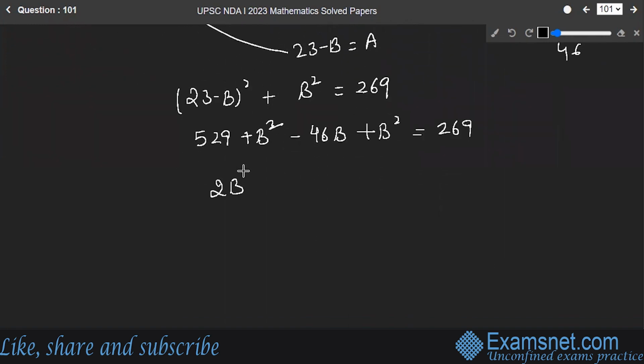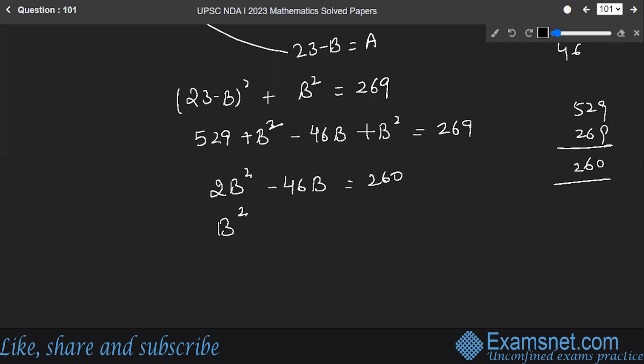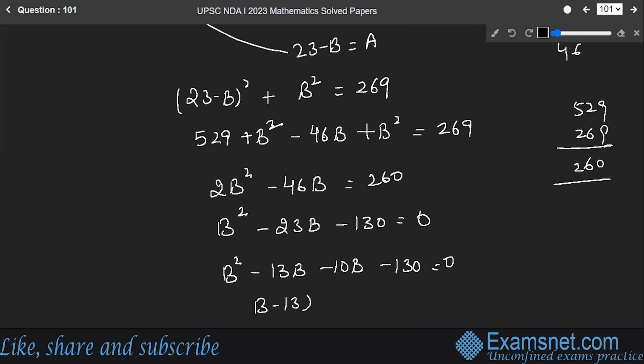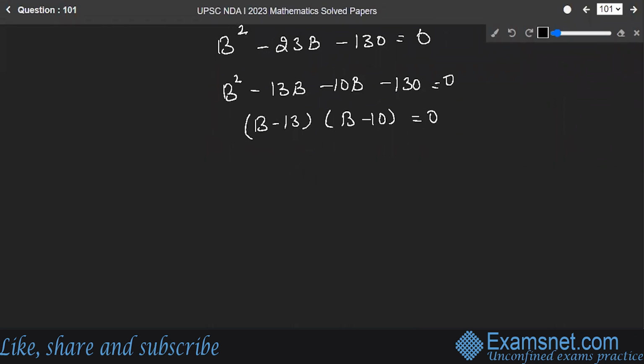So 2b square minus 46b, and 529 minus 269 gives you 260. Dividing both sides by 2, b square minus 23b minus 130 is equal to 0. So the two factors will be b square minus 13b minus 10b minus 130 is equal to 0. That means (b minus 13) and (b minus 10) will be the two factors. So b can have either the value of 10 or 13.